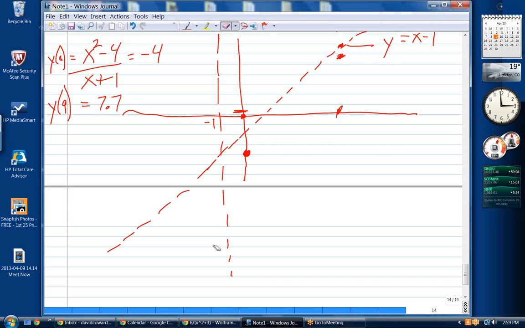21, where are the vertical asymptotes on 21? Plus and minus 2. Yeah. Well, both the B and the C have vertical asymptotes at plus or minus 2. So notice that graph B has an oblique asymptote in there.